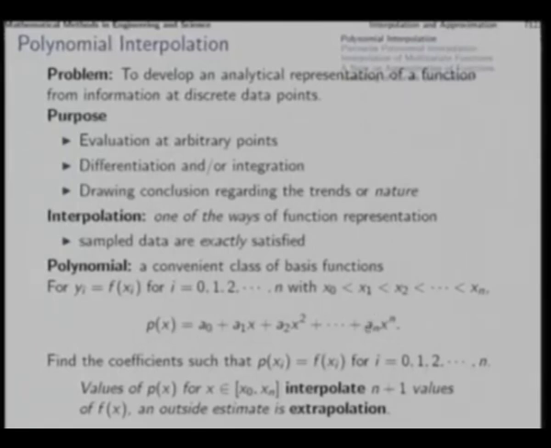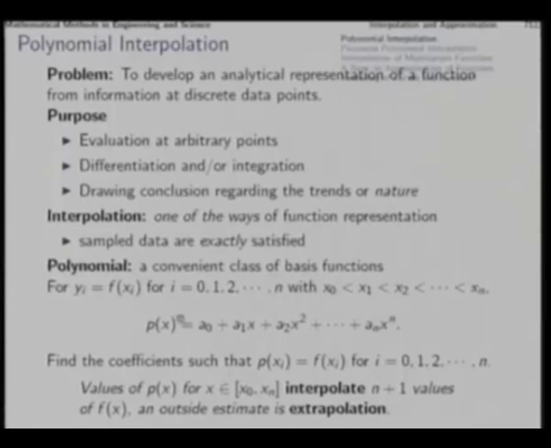Now, why nth degree and n plus 1 points? Because a polynomial of nth degree will have n plus 1 coefficients, the determination of which will require n plus 1 pieces of data, and that n plus 1 pieces of data you get from the function values at these n plus 1 points, starting from x0 up to xn.